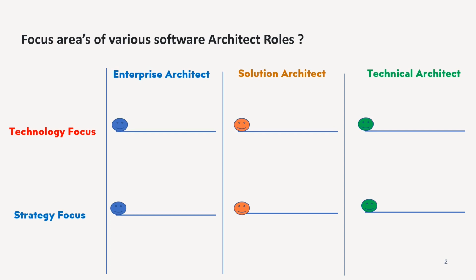So if you look at the enterprise architect, that is more focused on the strategy side because they have the idea of the whole landscape of the applications in an enterprise. For example, if you are an enterprise architect with a financial institution such as a bank, the bank has many products which it offers.